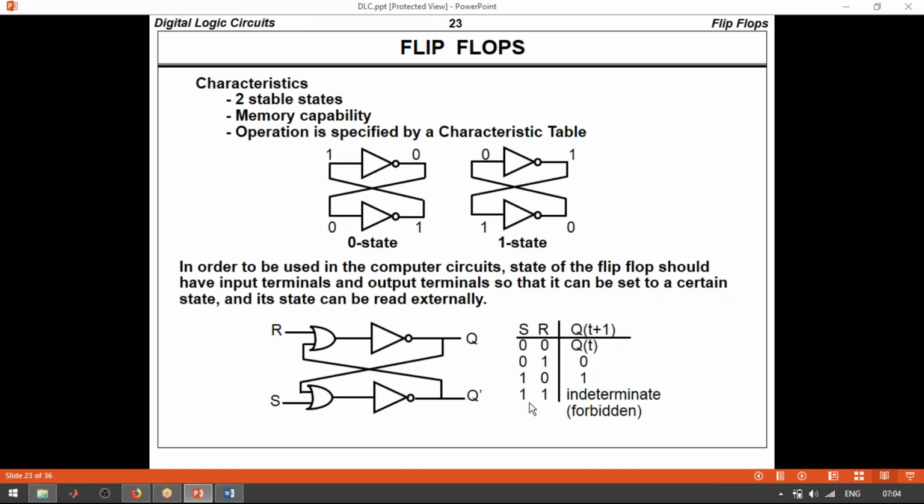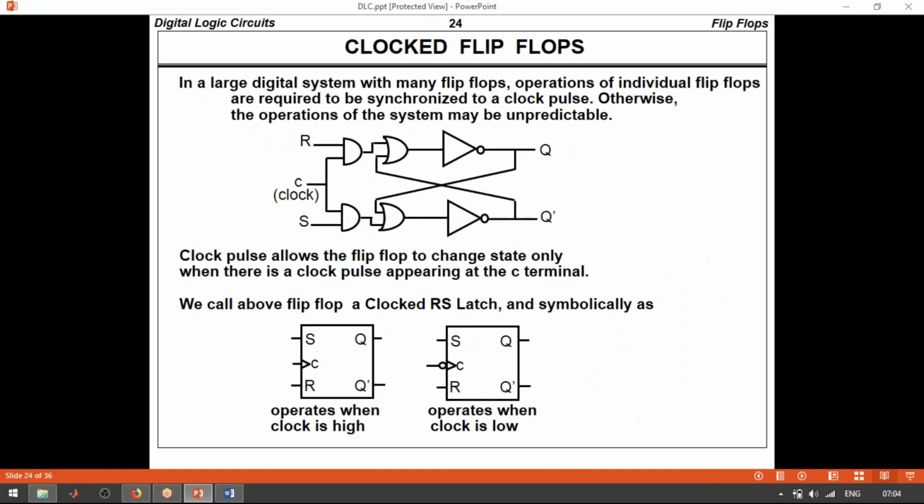For one condition the output will be Q of t bar, that means the toggling state. Q of t equal to 0 means Q of t bar equal to 1, that's the actual output of Q of t plus 1. And Q of t equal to 1 then Q of t plus 1 equal to 0. So for one condition the output will be Q of t bar.